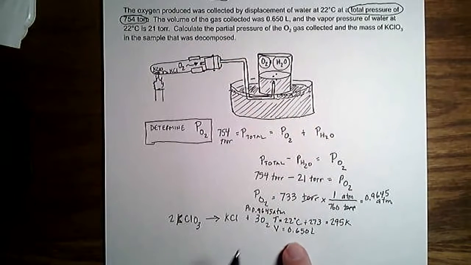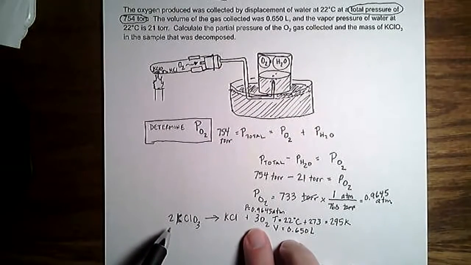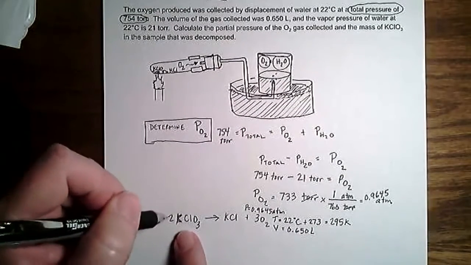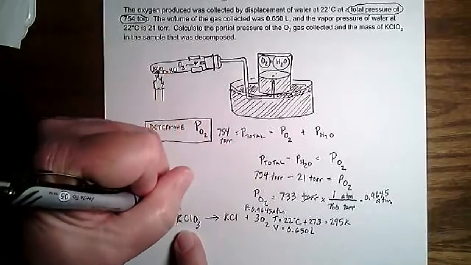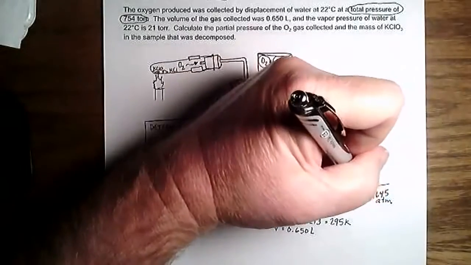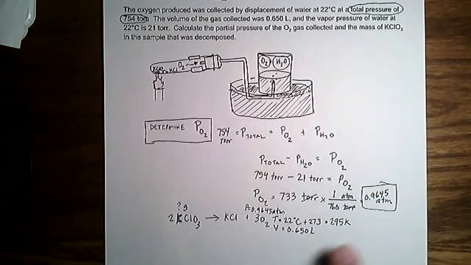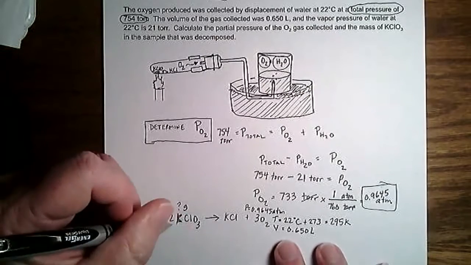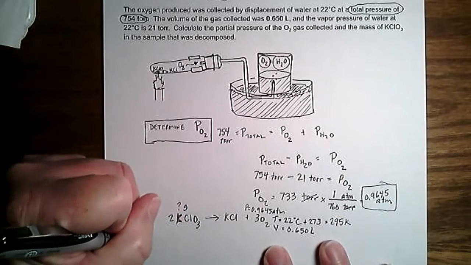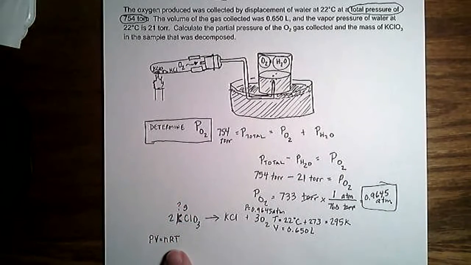So if you think about what I have here, I have pressure, I have temperature, I have volume. I have what I need to determine how many moles of that O2 gas that I have. Remember, what they're actually asking for is the mass of the KClO3. So I'm going to have question mark grams of that material. I already know the first question they asked, which was the pressure of the O2. So what I'm going to do is I'm going to use PV=nRT and solve for n.